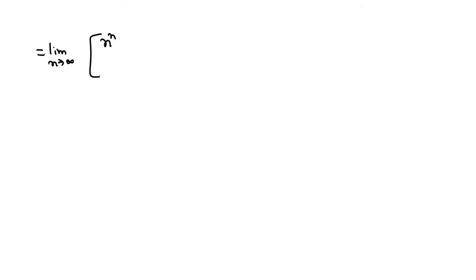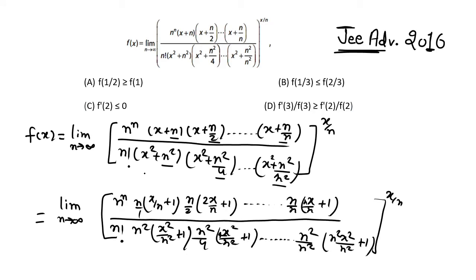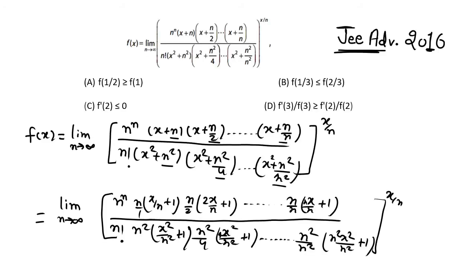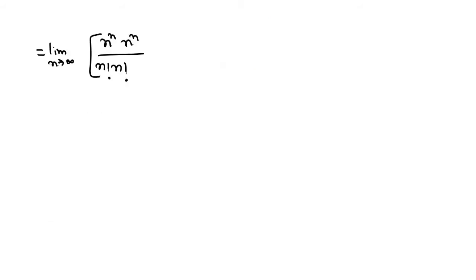And in the denominator there is 1, 2, 3, up to n, so this will become n factorial. One n factorial was given before.